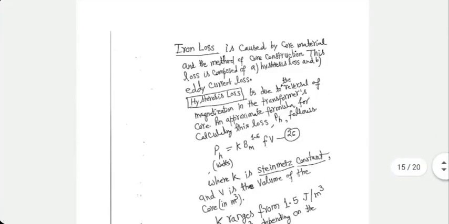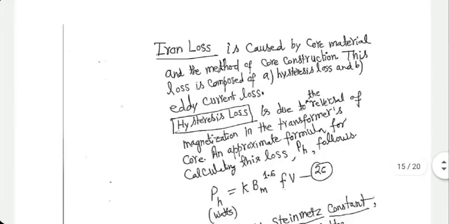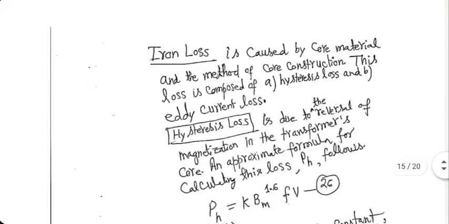Iron loss, two different components here. Hysteresis loss and eddy current loss. I told you last time that to reduce eddy current loss, we cut the core into thin wafers, stampings, laminations, whatever you want to call them, and usually put bolts through them.